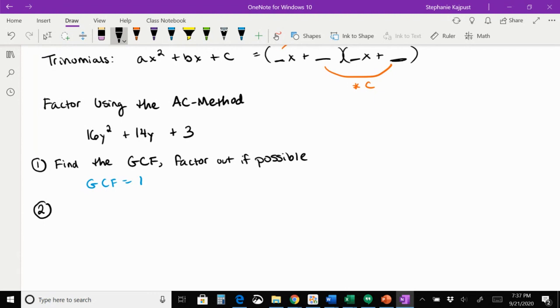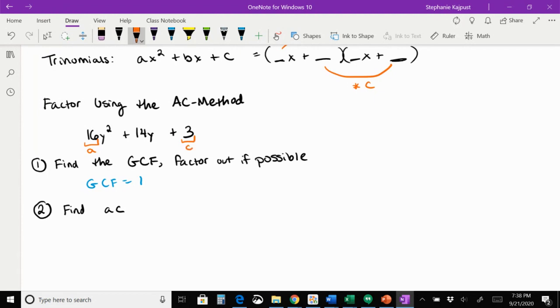So to do the AC method, step 2 is to find A times C. So you're literally taking your A part and multiplying it by the C part.